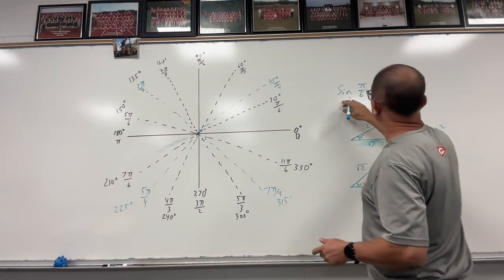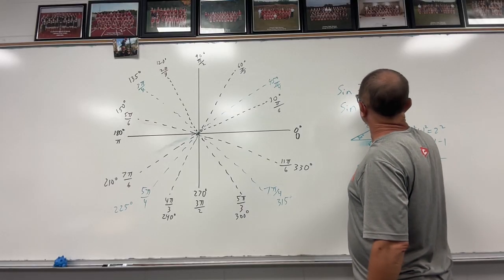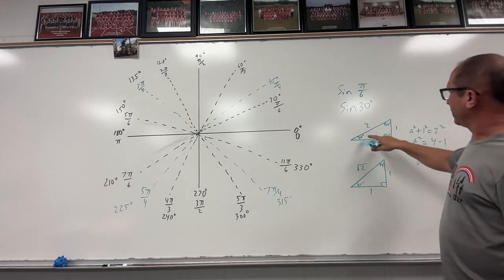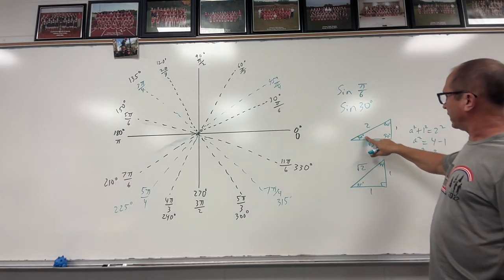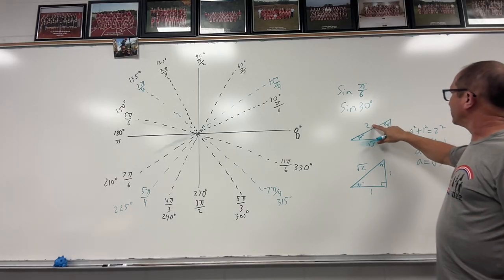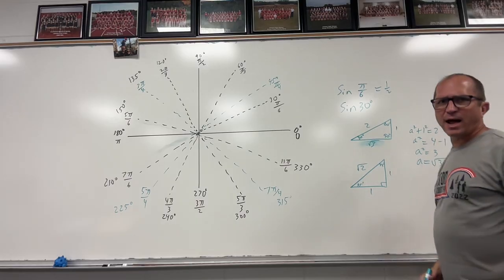So I know that finding the sine of pi over 6 is the same thing as finding the sine of 30 degrees. And what is the sine of 30 degrees? Well, here's 30 degrees. It's the opposite over the hypotenuse. So the sine of pi over 6 would be 1/2.